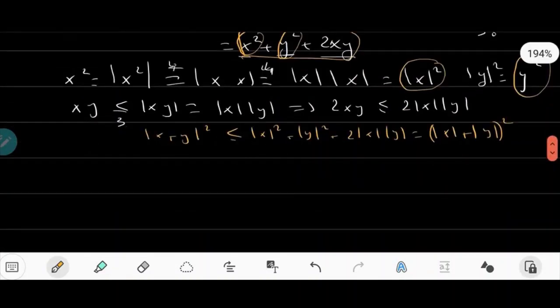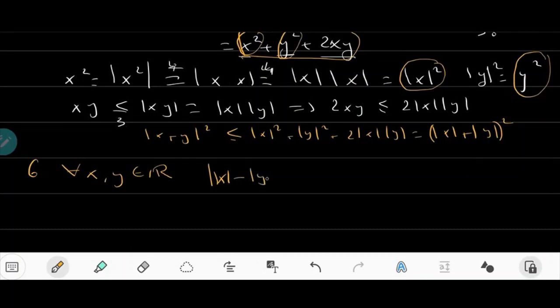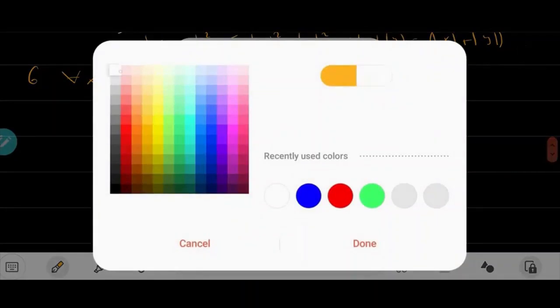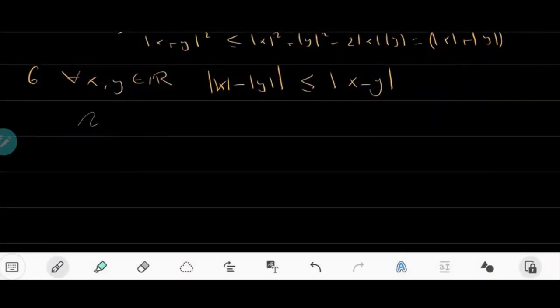Now if we go to the property number 6, we need to prove that for all x and y in R, the absolute value of x minus the absolute value of y is less or equal than the absolute value of x minus y. In fact, we can write that the absolute value of x is nothing but the absolute value of x minus y plus y.